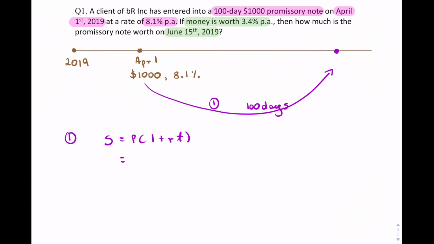We know that the face value of this promissory note is 1,000, times 1 plus 0.081, that's our rate, and this is 100 days, so we cannot forget, divided by 365. Now we can punch this into our calculator to see what we get.